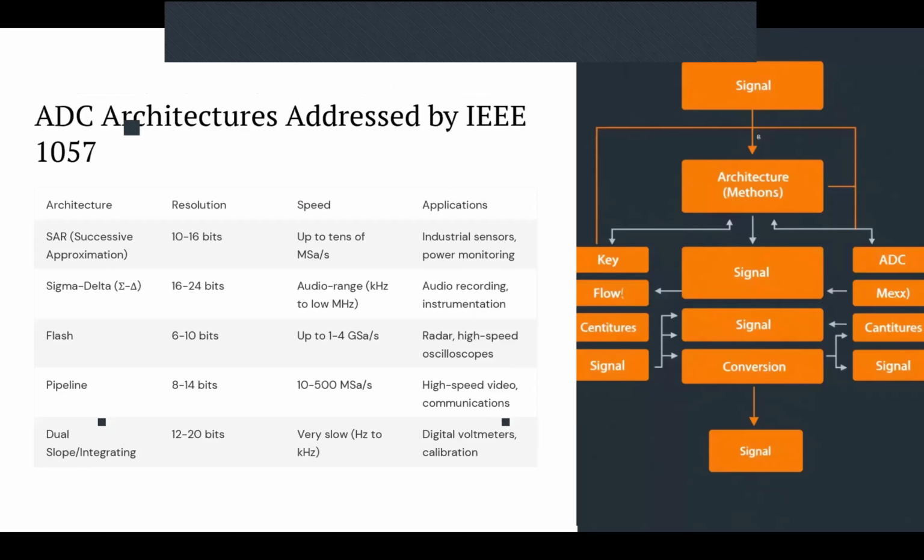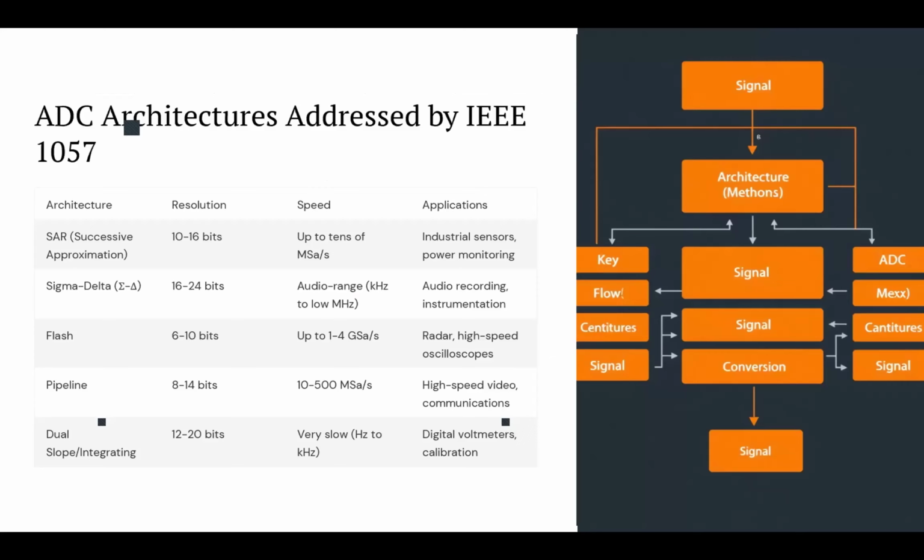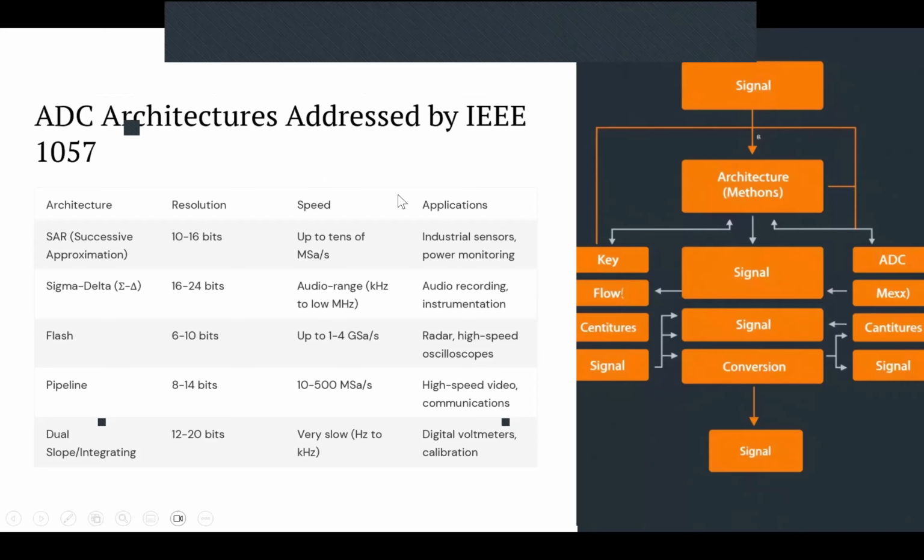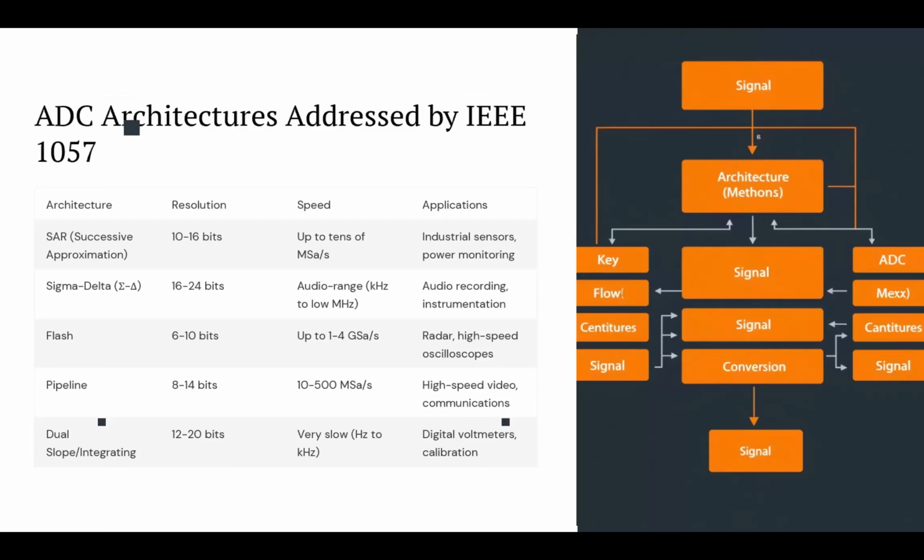Now, let's talk about the different architectures to get a little bit of a sense of what we mean when we say different architectures have different characteristics. As you can see in the table, for example, the SAR has a moderate resolution, 10 to 16 bits, but the speed is quite high. We could go to tens of mega samples per second.